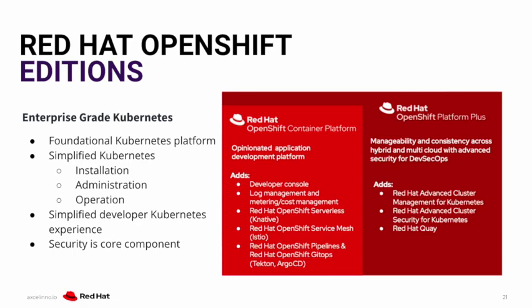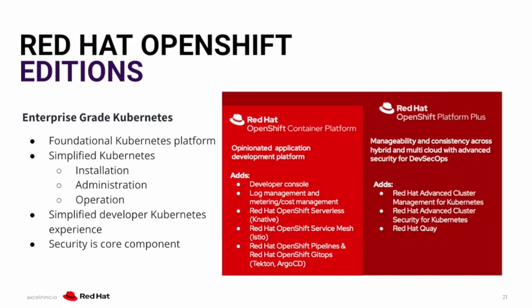Now, there's another piece that also focuses on security, and we're going to dive into that a little bit more. Red Hat calls it OpenShift Platform Plus, and it takes management and security into the fray, if you will, and it gets into what is known as Advanced Cluster Management for Kubernetes, Advanced Cluster Security for Kubernetes, and Red Hat Quay.